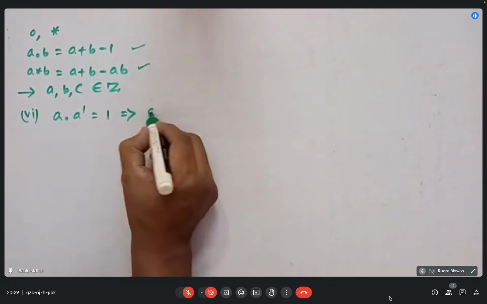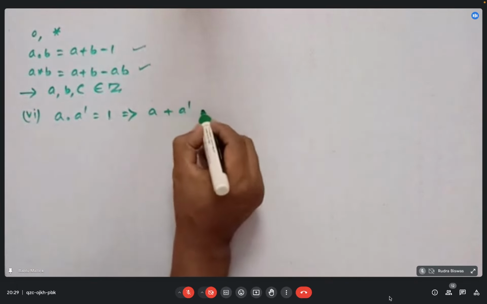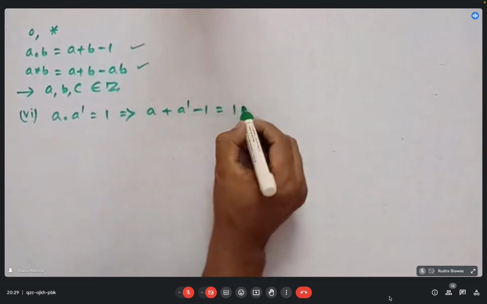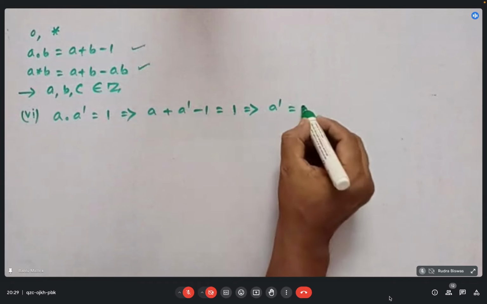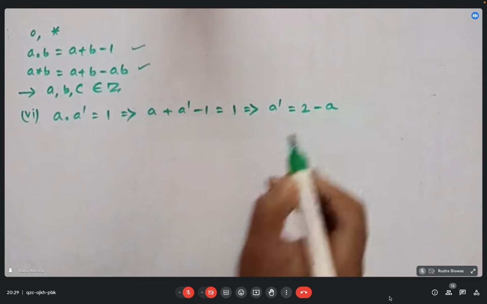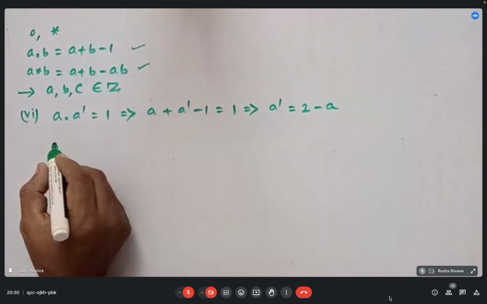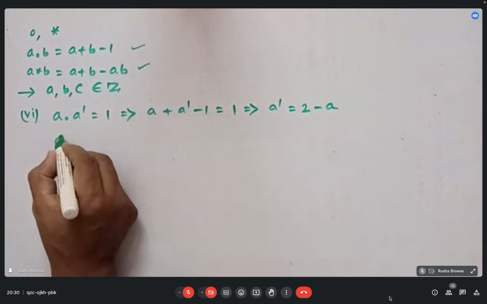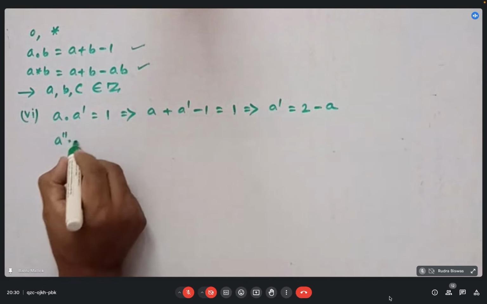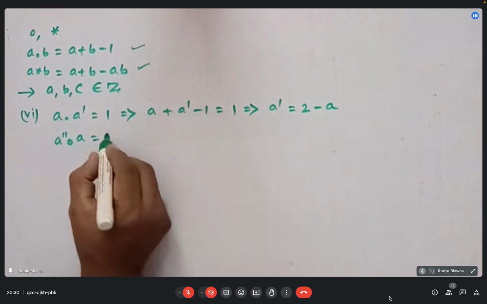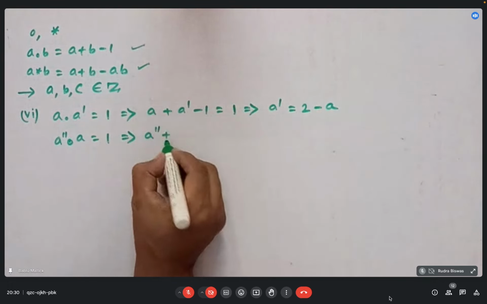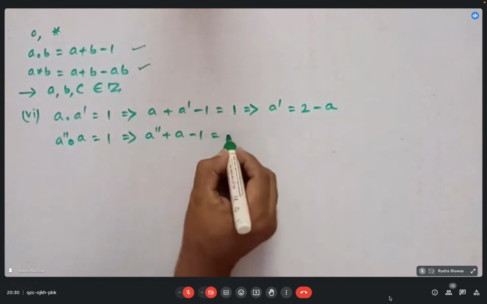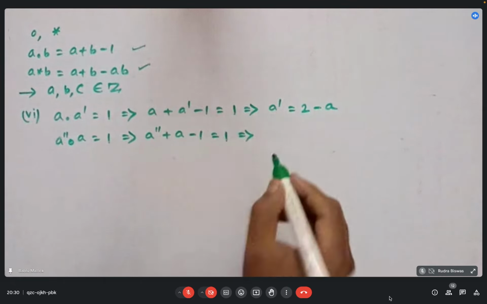This implies A plus A dash minus 1 is equal to 1, that is A dash is equal to 2 minus A. And left inverse is A double dash O A is equal to 1, so A double dash plus A minus 1 is equal to 1.